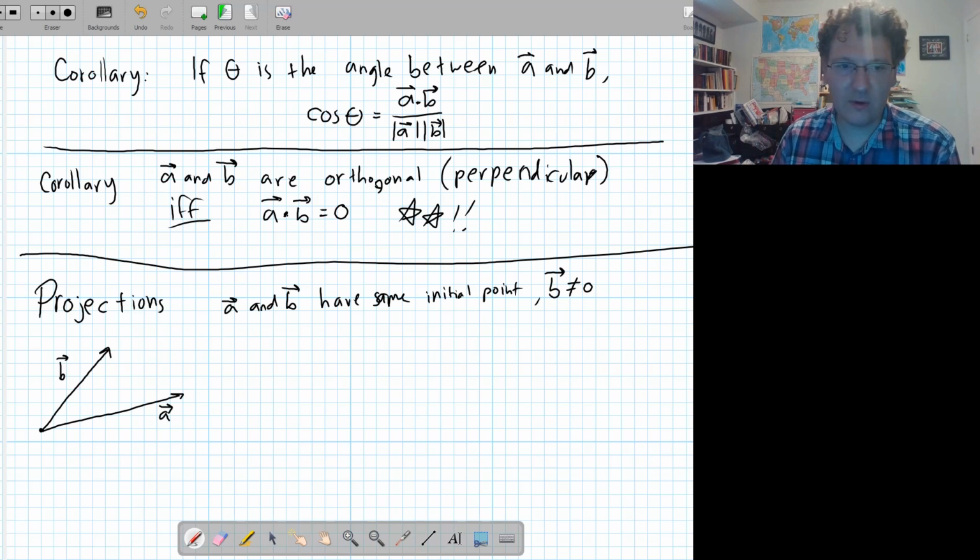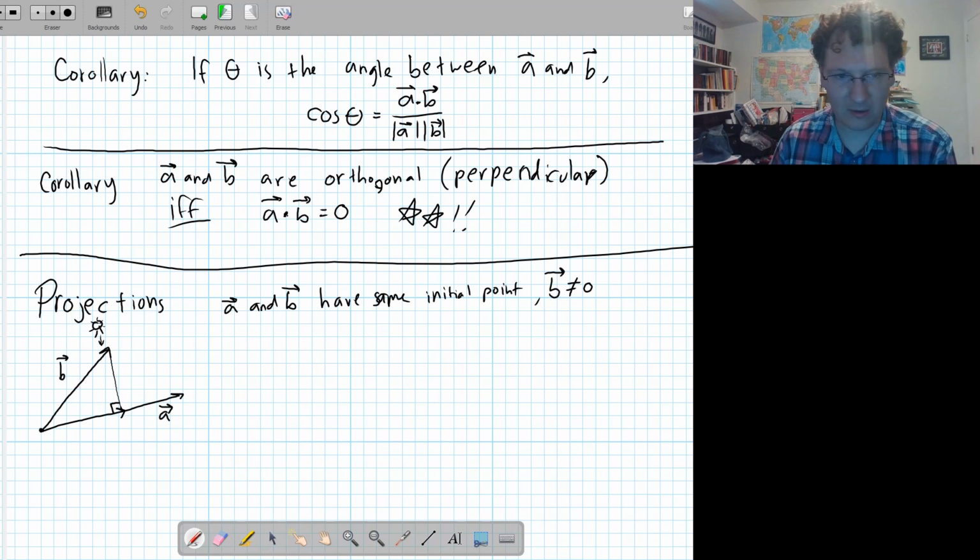So if we were to look at the vector that results from, it's kind of like the shadow of vector B, orthogonal to vector A, like we're shining some light in this direction at high noon, like think of a sundial kind of. The shadow that you get is going to be the projection.